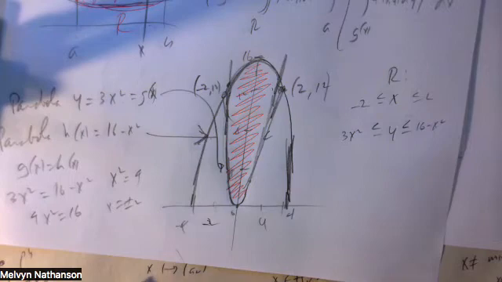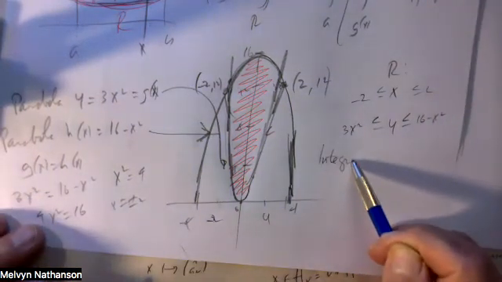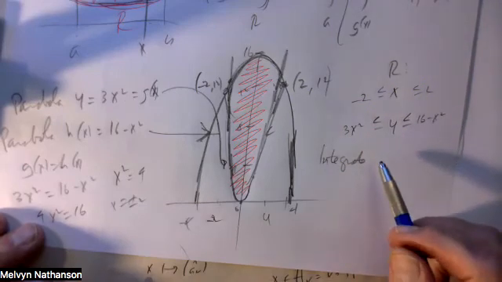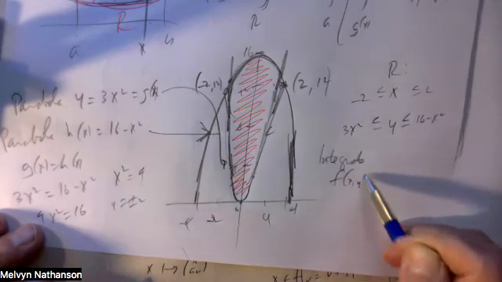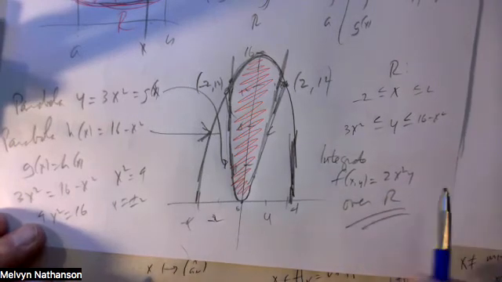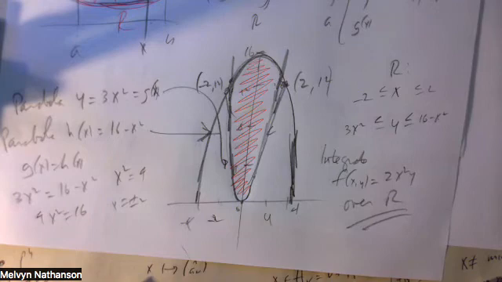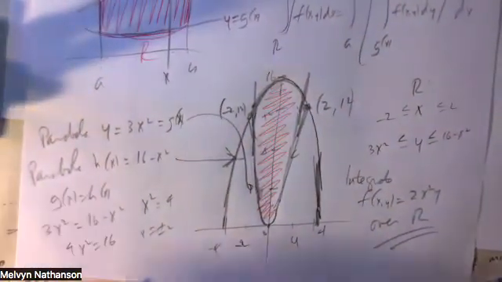And let's say we have a certain function that we want to integrate over this region. So the problem is to integrate the function f of x, y equal to 2x squared y over this region R. So we're going, of course, because that's our only technique, to set this up as a double integral.